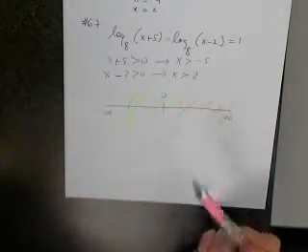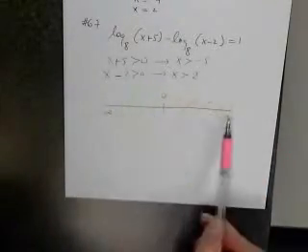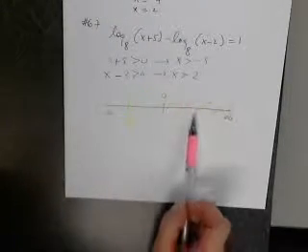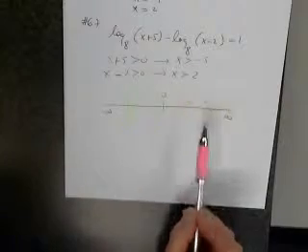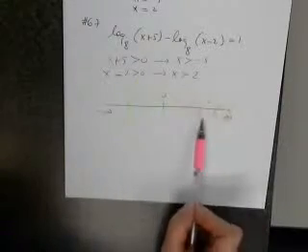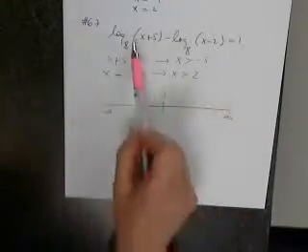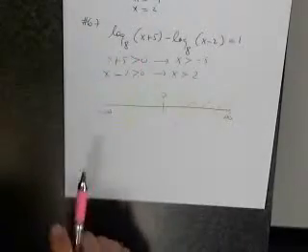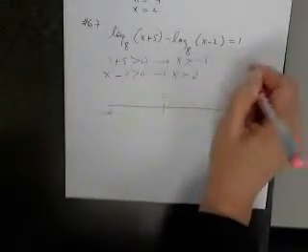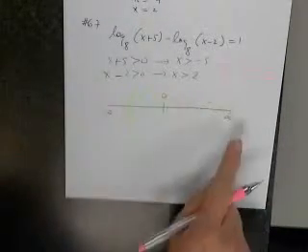In your quizzes, I saw the domain being greater than negative 5. No, we have to choose the common domain where we see both colors, where I see pink and green. Both logs have to exist at the same time. So the common domain is x greater than 2, not greater than negative 5.